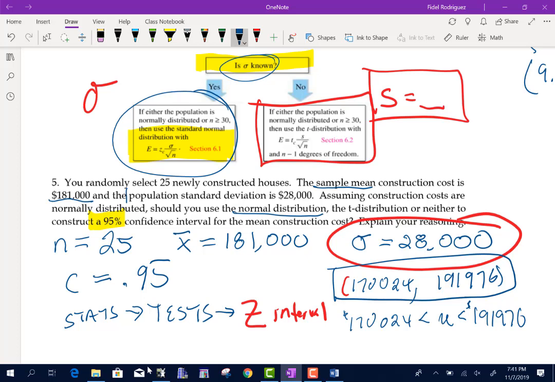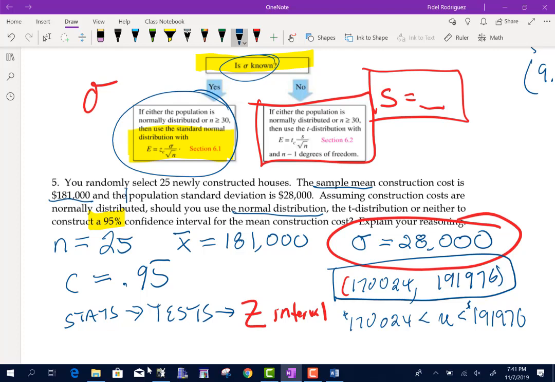To find our 95% confidence interval, what we're saying is that we're 95% sure that the population mean is going to lie between the numbers 170,024 and 191,976, right? That the mean of all the houses is going to be in that range, okay?